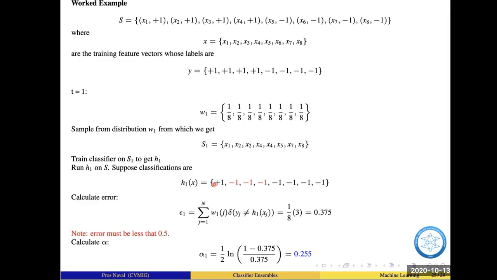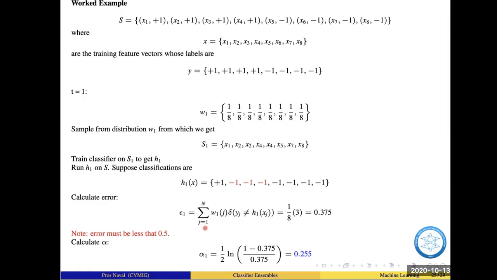You'll notice that there are mistakes. The second, third, and fourth are wrong because the correct labels are these. The ones in red are the errors. Then we calculate the error using this formula, W1.